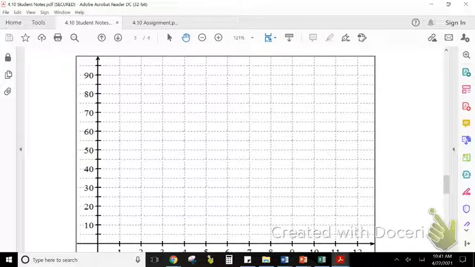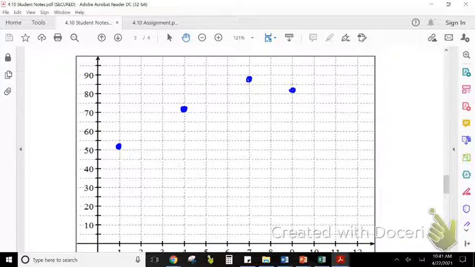So we're going to let January be month 1. And I'm just going to skip a few of them here because I'm almost out of time. But think about while you're doing this what you know about temperature, okay?